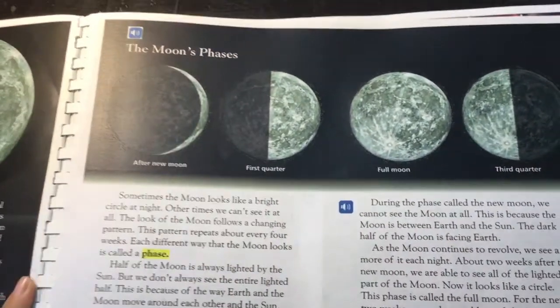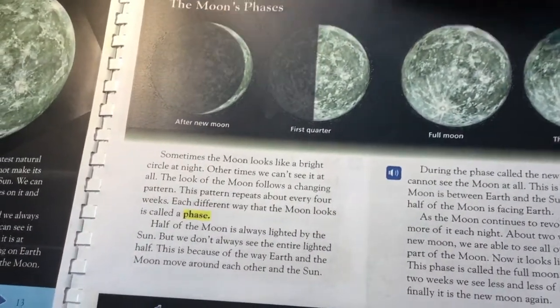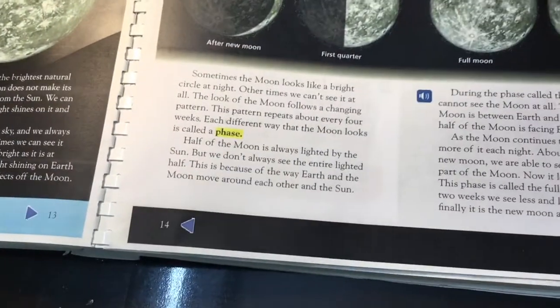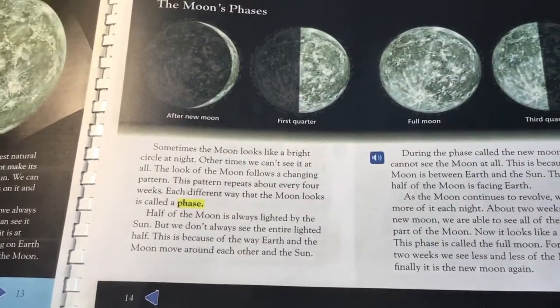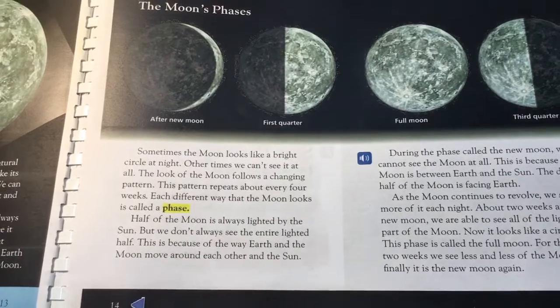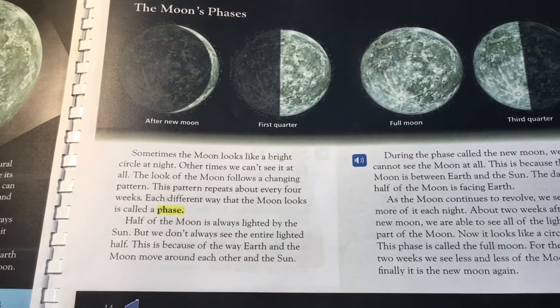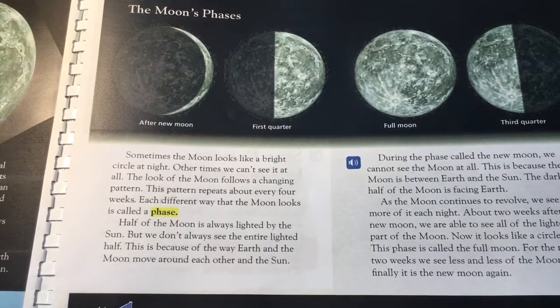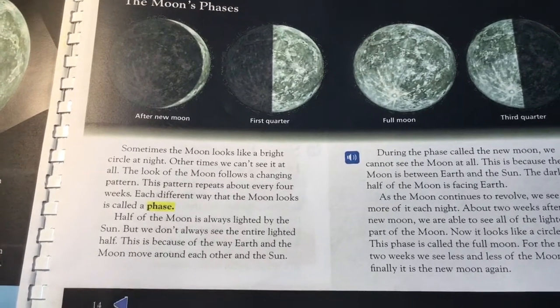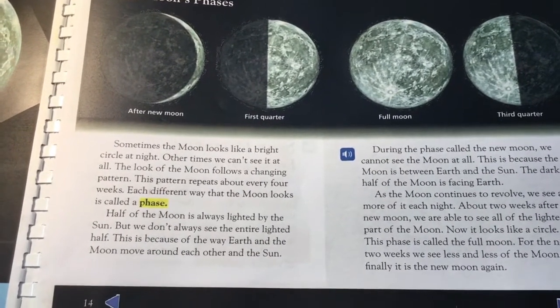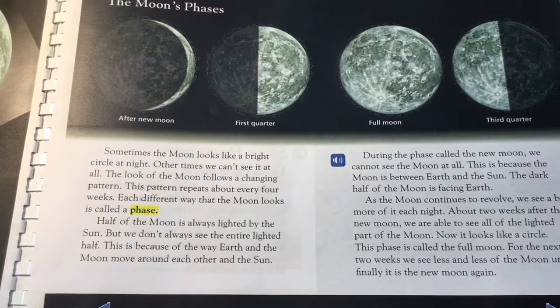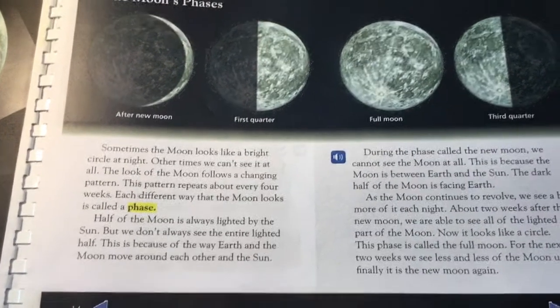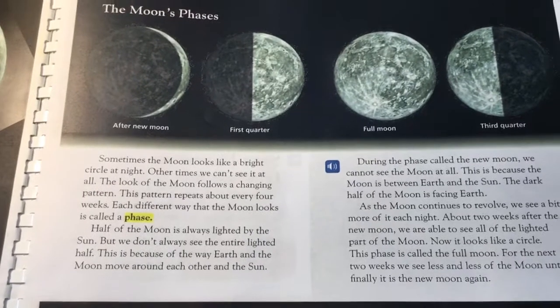The moon phases. Sometimes the moon looks like a bright circle at night. Other times we can't see it at all. The look of the moon follows a changing pattern. This pattern repeats about every 4 weeks. Each different way that the moon looks is called a phase.